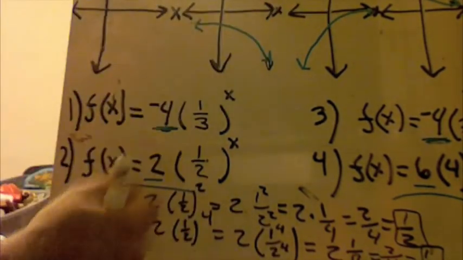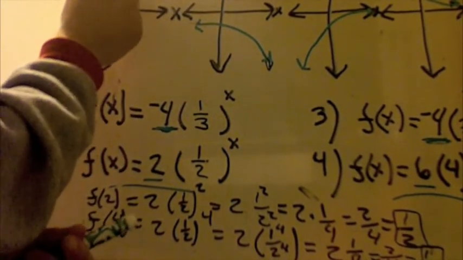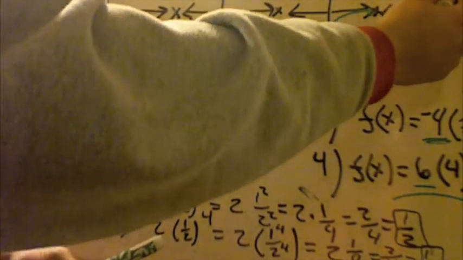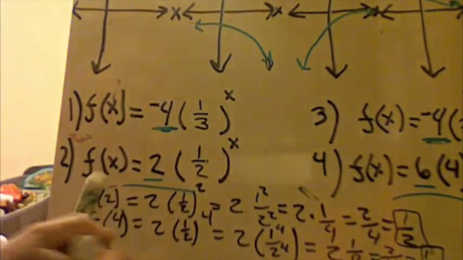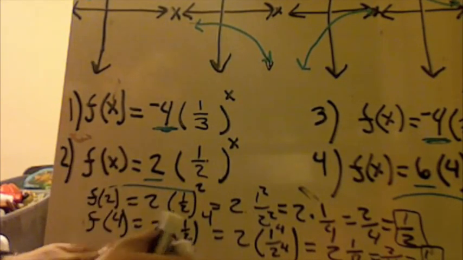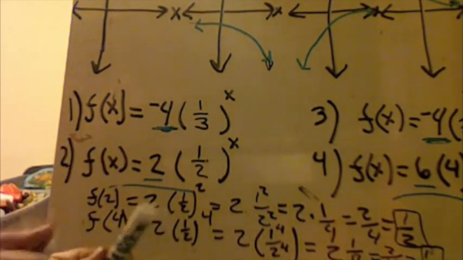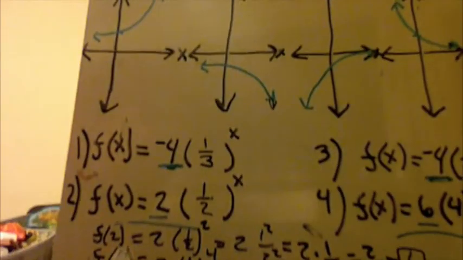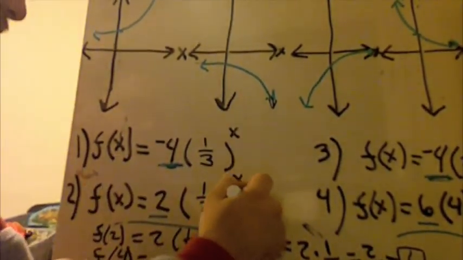So I look at these two and go, okay, well here, x gets bigger, y is getting bigger. But over here, as x gets bigger, y is getting smaller. So this one here, we would associate with graph D. This would be number 2.